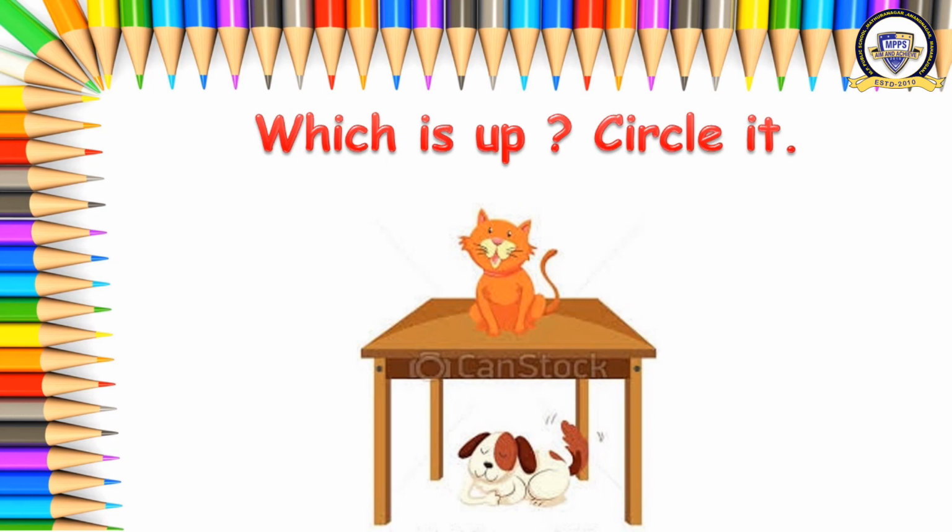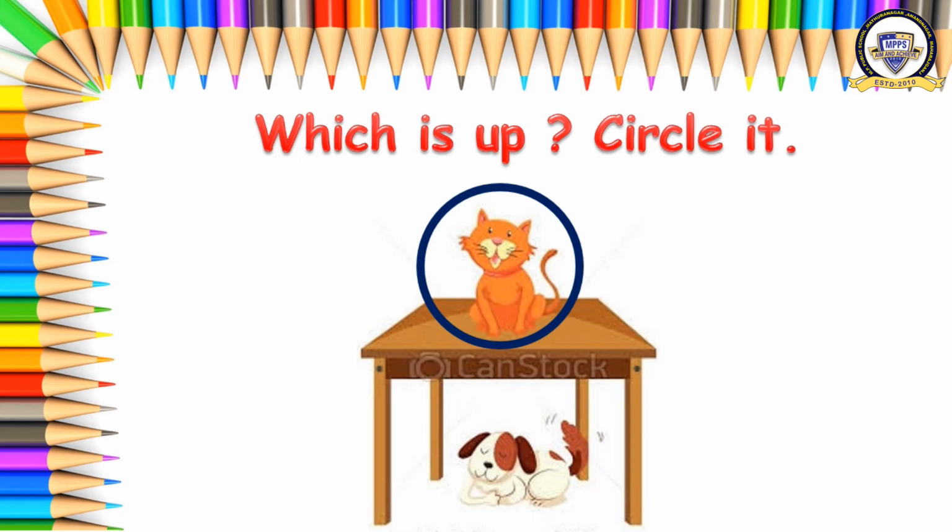Tell me, cat or dog, which one is up? Which one is on the top? Is it dog? No, then the answer is cat. Very good. Cat is sitting on the table, that is up. Good performance.